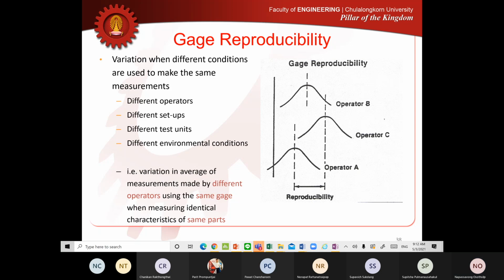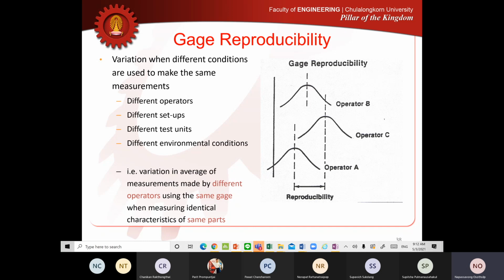Besides variation from different operators or measurers, variation may come from different setups. If we measure the same part with the same operator but set up the measurement at different times, and there is variation, we also call that sigma reproducibility.